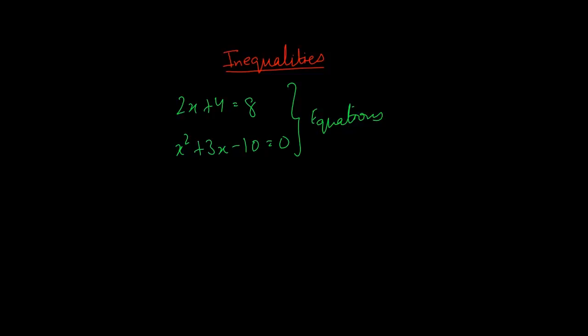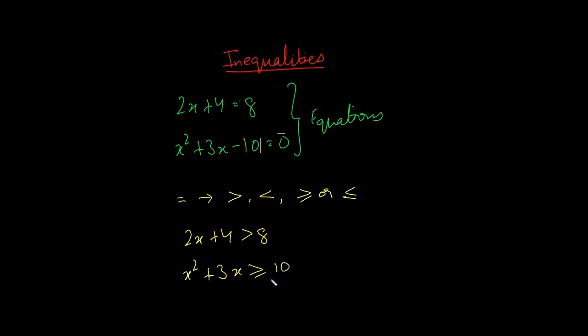These are known as equations because we are equating them to something, but the same expressions would be known as inequalities if we replace the equal to sign with a more than, a less than, a more than equal to, or a less than equal to sign. So, an inequality looks like 2x plus 4 is more than 8 or x square plus 3x is more than equal to 10. That's where we call them inequalities.